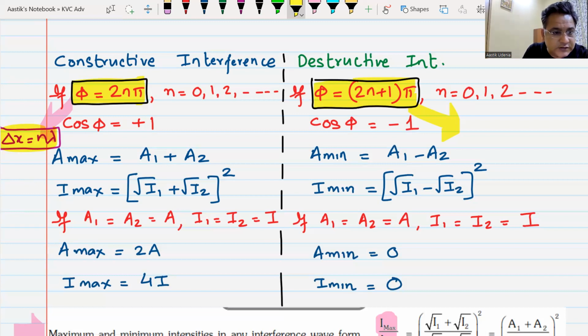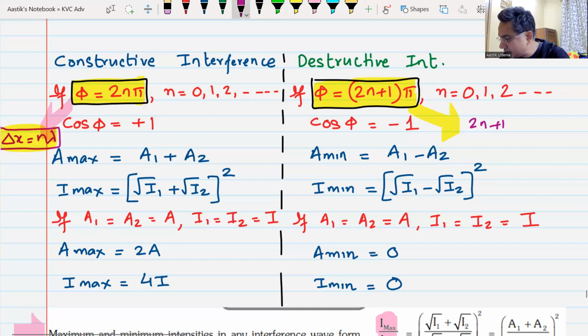Fast, it's a simple question. 2n plus 1 what? 2n plus 1 times lambda by 2 should be the path difference.